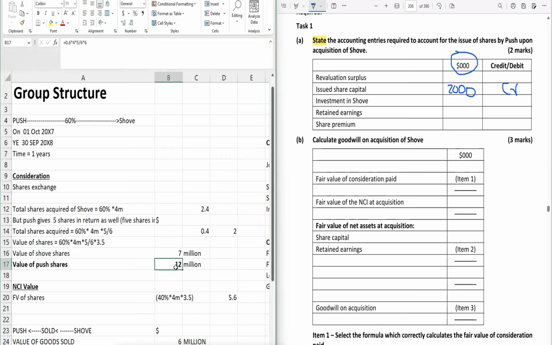The Push share value is 12 million. So we will write down here 12, but 12,000, I mean. As it is an investment, it is an asset, so we will record it on the debit side. All right, so we will write here debit.